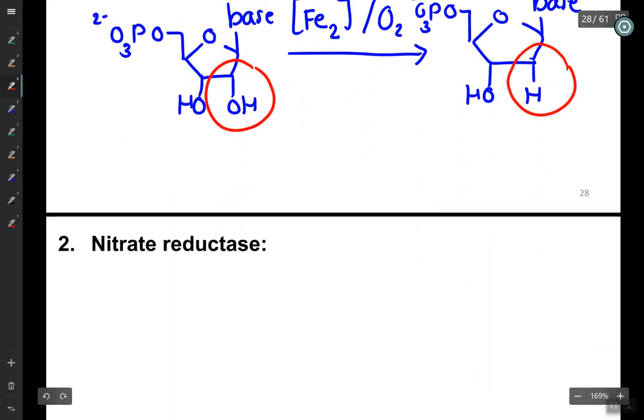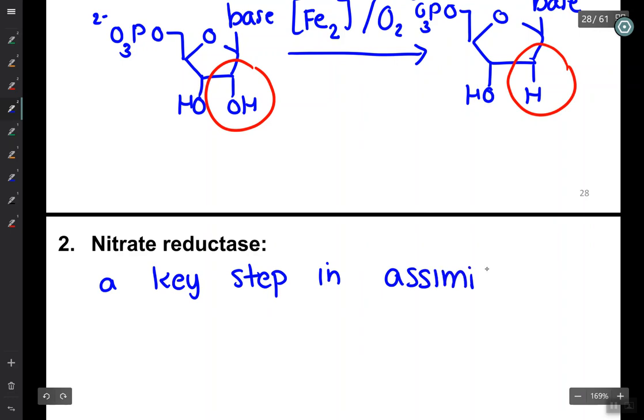Nitrate reductase catalyzes a key step in nitrate assimilation in green plants.